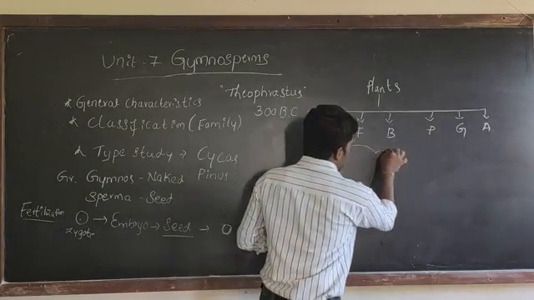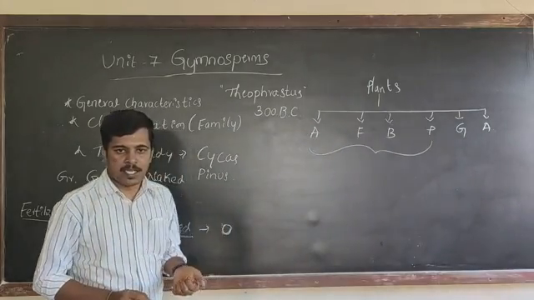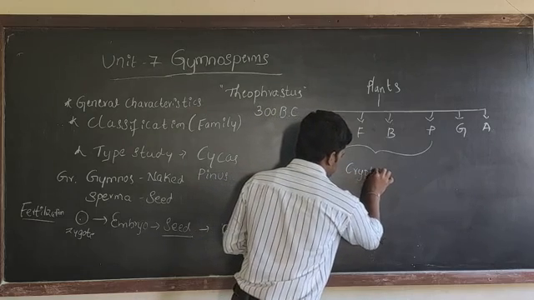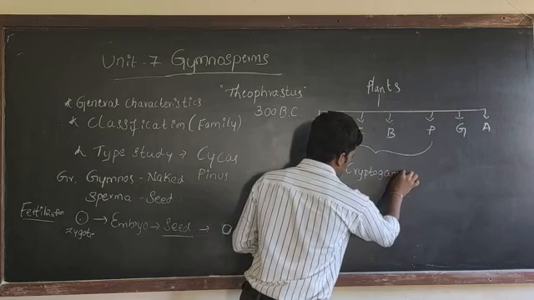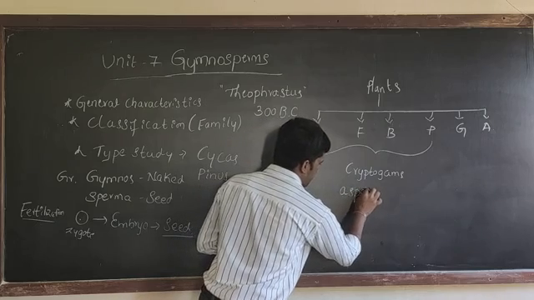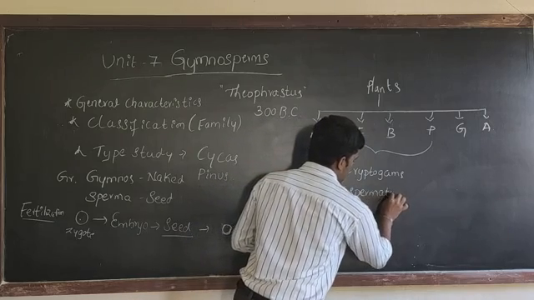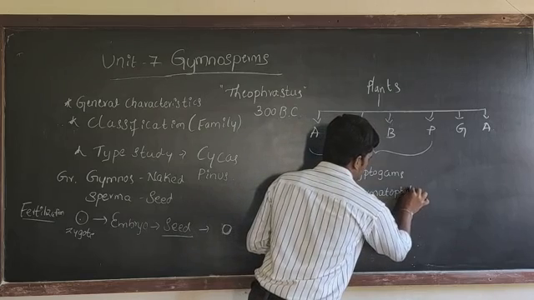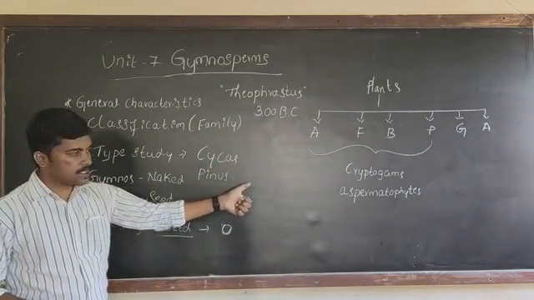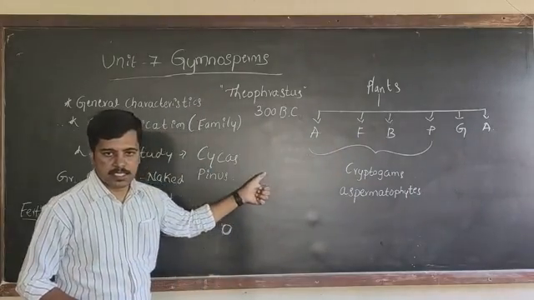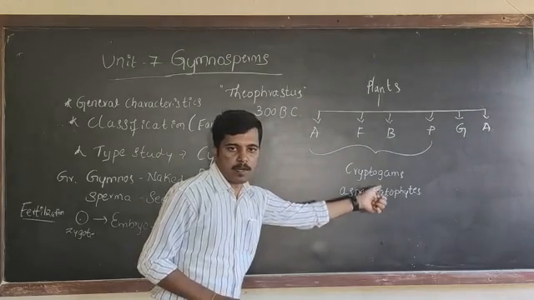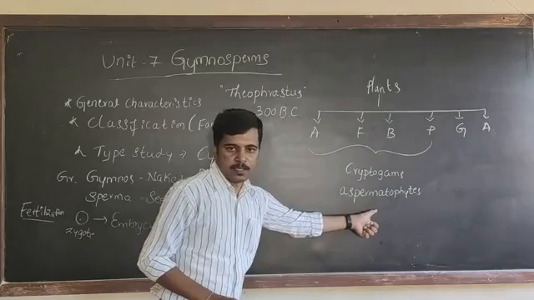From algae to pteridophytes, they are regarded as cryptogams, or they are also regarded as aspermatophytes. Why they are regarded as aspermatophytes means they do not produce seeds. Actually, if you split the term spermatophyta, sperma means seed and phyta means plant.